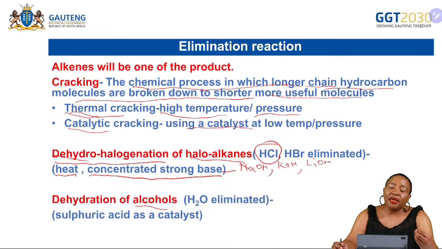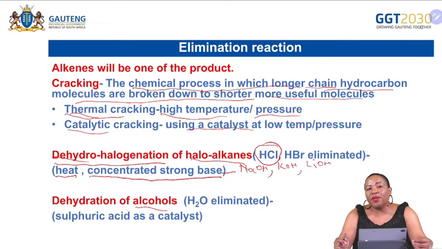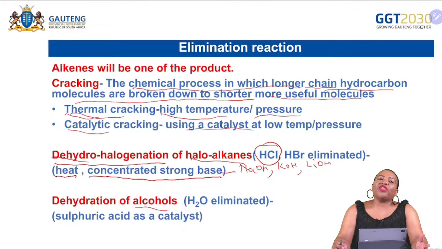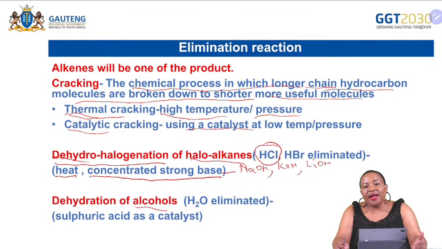So in our dehydrohalogenation and also in our dehydration, we are going to see an alkene forming as one of the products. And also in our cracking, we are going to see an alkene forming as one of our products. So we need to know that as long as an alkene is formed in a reaction, it means that type of reaction is elimination.